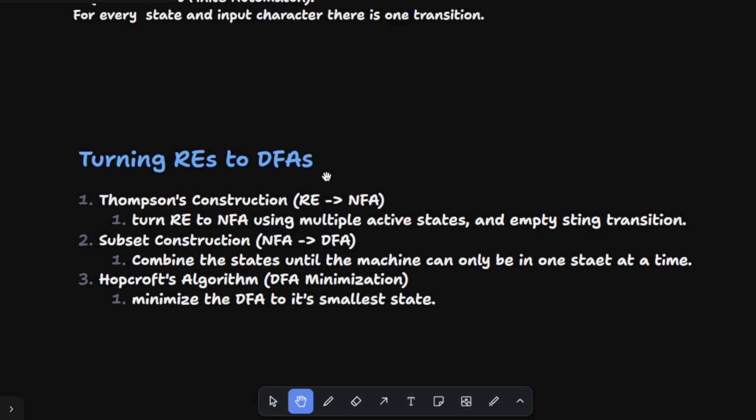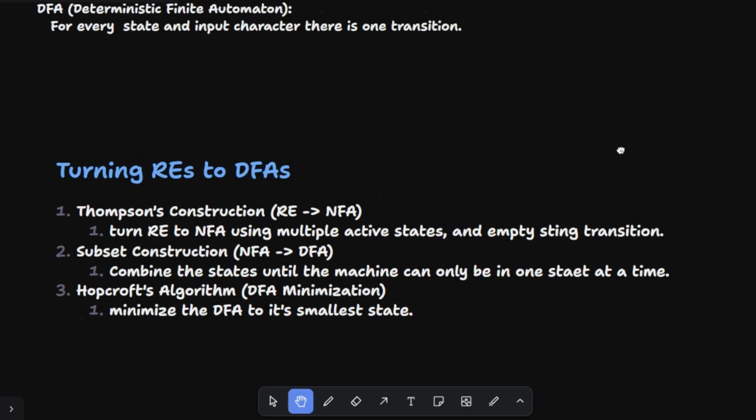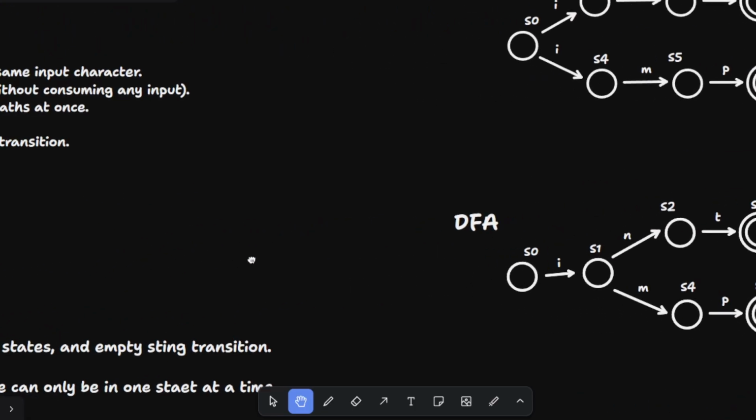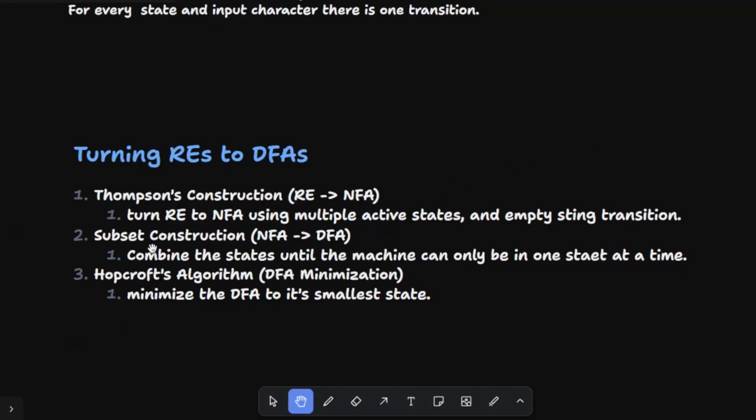That's from regular expression to non-deterministic finite automaton, just by turning every part of the regular expression into a non-deterministic finite automaton. Then you turn the non-deterministic into a deterministic, as we've shown here, right? And we do that through subset construction.